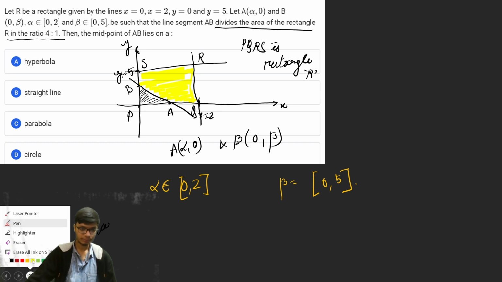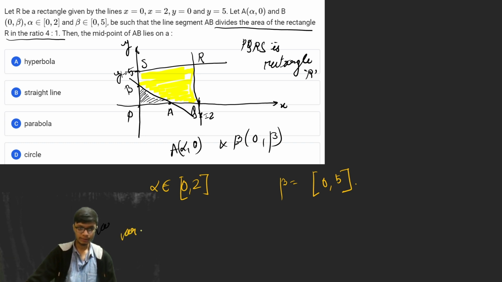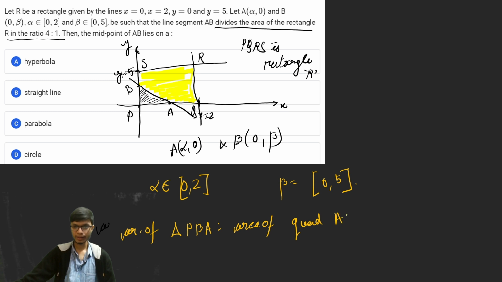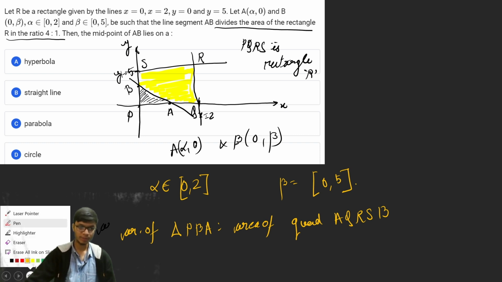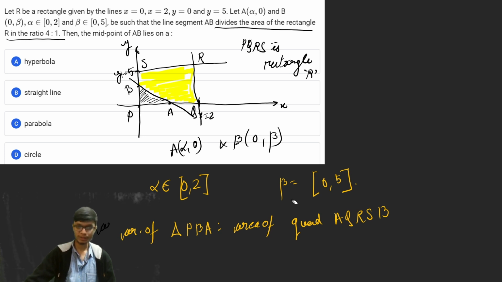The area of this triangle PBA is to the area of the remaining part. The remaining part has 1, 2, 3, 4, 5 sides, so it is a five-sided figure, not a pentagon, since a pentagon is a regular figure, sorry.